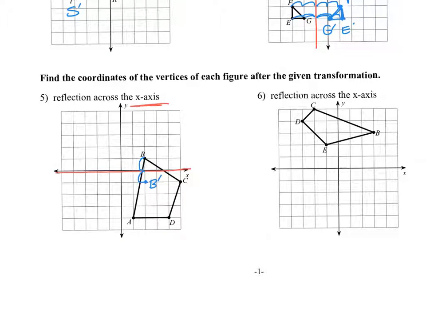So what they may want is what the coordinate is itself. So like B apostrophe, if I do that coordinate, that is 1, 2, so my x is 2, and then my y is 1 down, so my y is -1. So that would be the new coordinate of that. Okay? And then you just do that for each point. So like C, go up 1, go up 1. There's my C apostrophe.